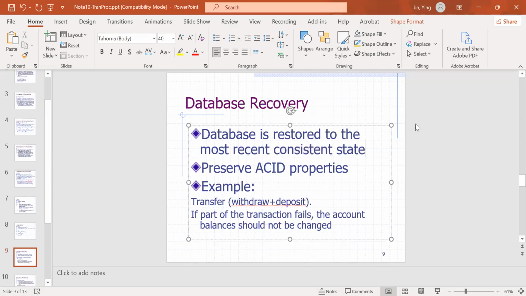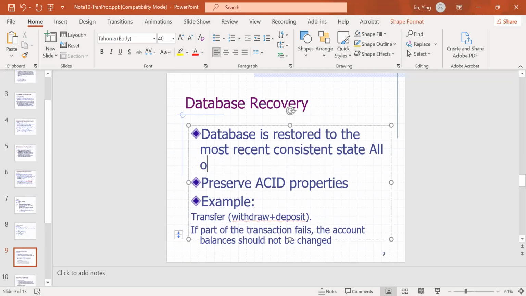That's basically what we talked about before: either we finish all the operations, or nothing at all. Nothing at all means nothing has been done for this transaction; we go back to the very beginning. The main purpose is to preserve the ACID properties. In other words, preserve the A property and D property to achieve the C property here.